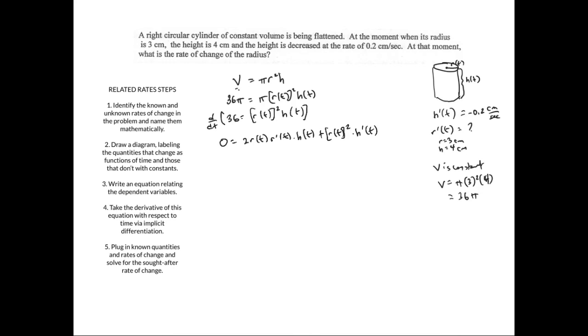So the thing I'm asked to find in the problem is r prime of t, which is right here, which means I need information about everything else. So let's look. I've got h prime of t. I've got r at the instant that I want. Oops, no square on that one.